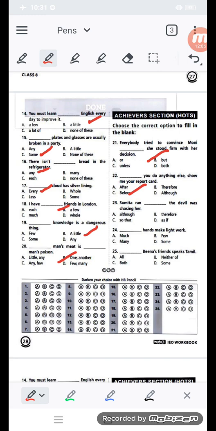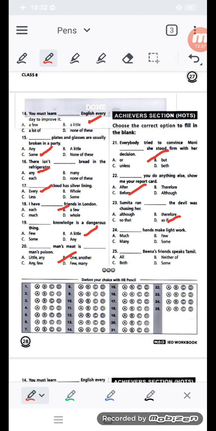Sumita ran dash the devil was chasing her. 23 number. 23 number, it is D option. As if Sunita ran as if the devil was chasing her.